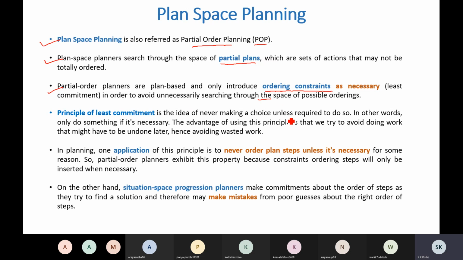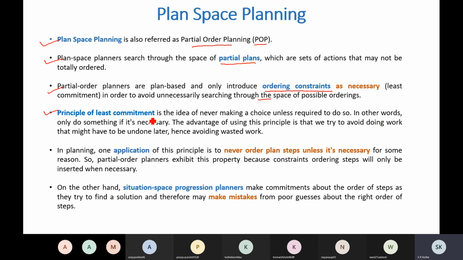So in short, in partial order planning, planners introduce constraints whenever required. Unless and until they are required, those constraints are not introduced, so that saves a lot of effort. This is called the principle of least commitment.